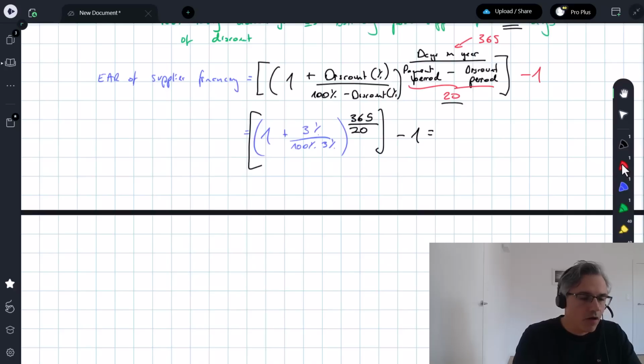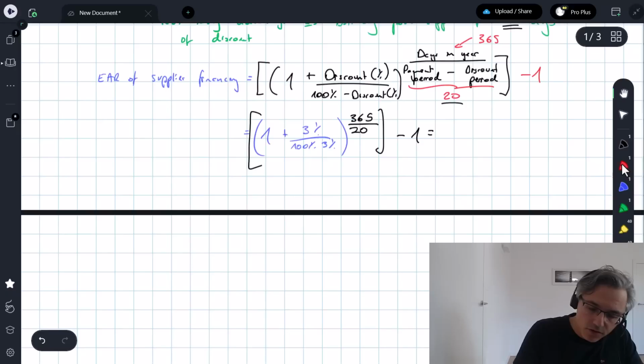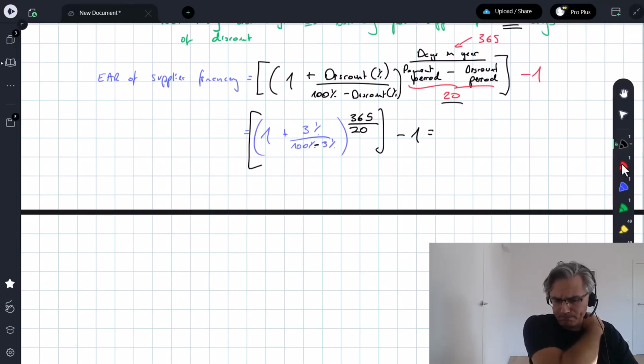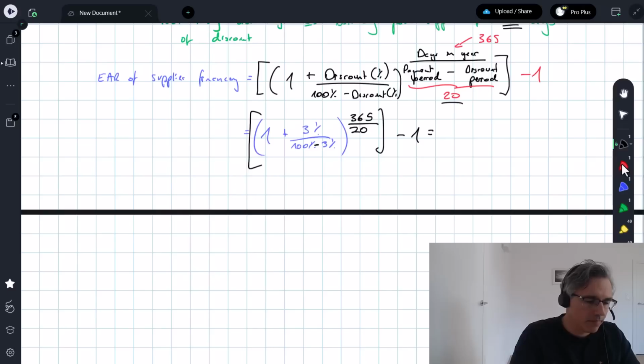So I've got 1 plus 3, this should be 100 minus the 3. So 3 divided by 97, the fact that it's in percent doesn't really matter, raised to the power of, open bracket, 365 divided by 20, close bracket.